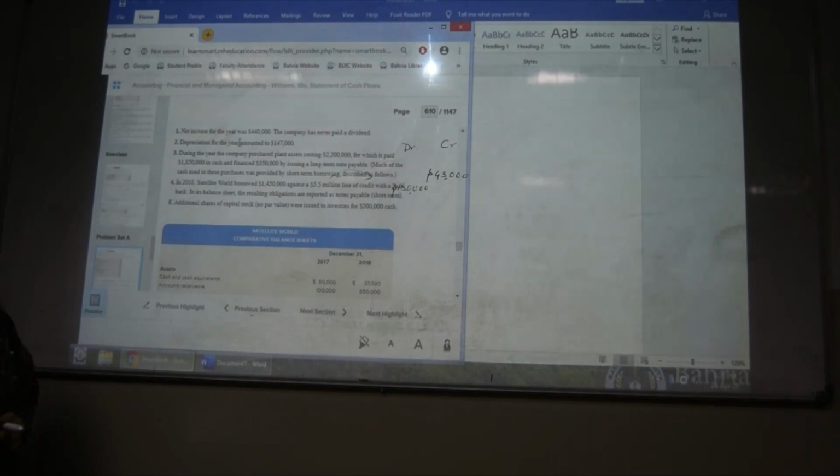Net income is 440,000, depreciation is 147,000, and we have plant assets of 2.2 million, out of which 1,850,000 is the only figure we are concerned with, because that will be included in the cash flow statement. We are not going to include 350,000, because that's a long-term note payable, so it's not being paid this year and we're not going to be settling it this year. Let's put it aside at the moment.